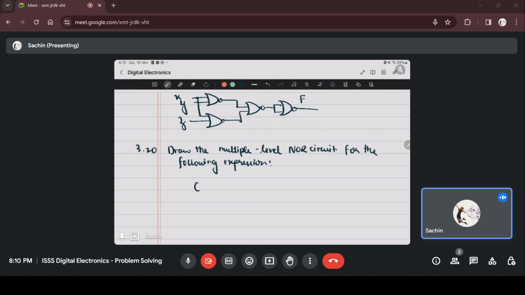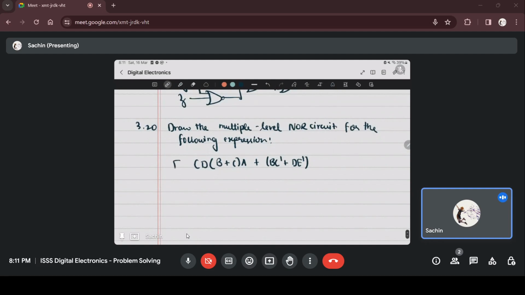And the expression is CD(B + C) + (A + BC' + DE'). Let's call this f. F is equal to this.